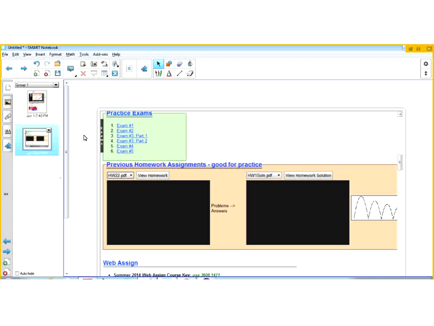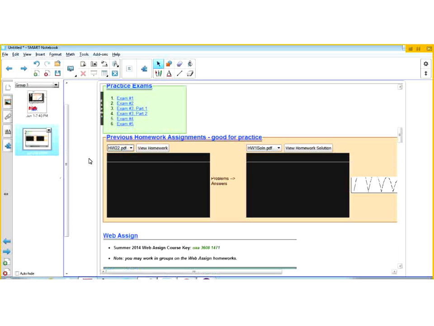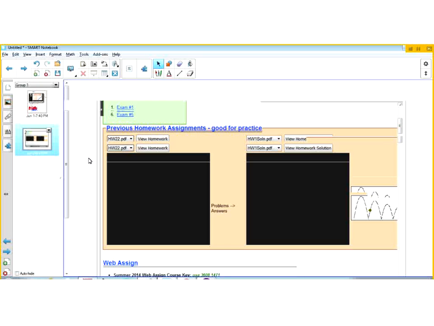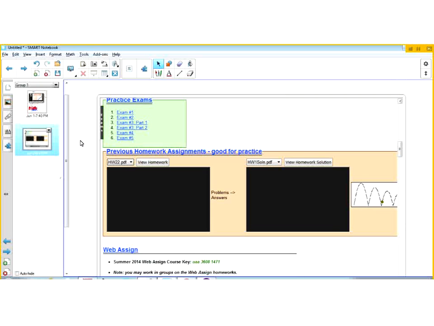I believe in one of them I actually used the cosine function as a slant asymptote for a rather unusual function, so you might want to look at that as well. If you have any questions about these previous homework assignments, come see me. They contain some much broader based details. Okay, so that would conclude our lecture for section 4.5, graphing functions.